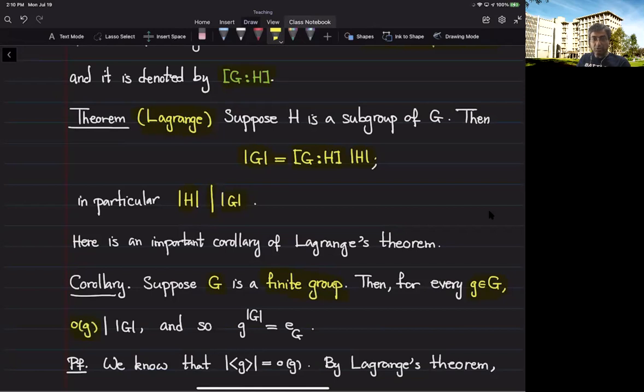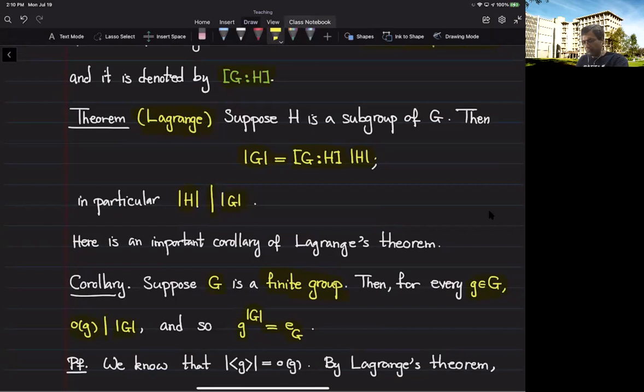Therefore, by Lagrange's theorem, the order of g divides the cardinality of the group. And therefore, g raised to the power of the cardinality of the group is always the neutral element. No matter what the group is, no matter what the element g is, when I raise g to the power of the cardinality of the group, I end up getting the neutral element of the group.